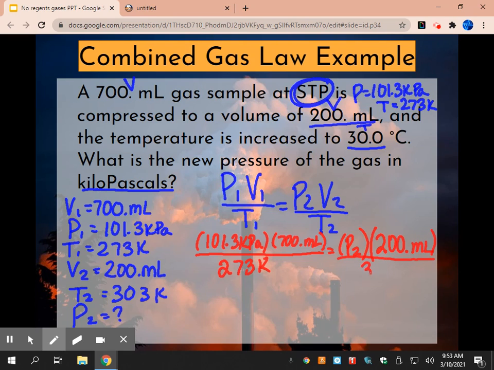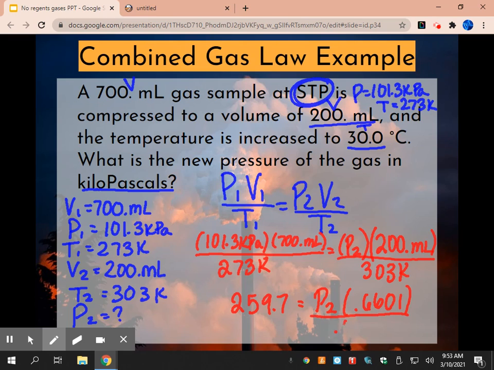And our T2 is 303 Kelvin. So I'm going to solve 101.3 times 70 divided by 273, which is 25.97, is equal to 200 divided by 303, which is 0.6601, times P2. Doesn't matter about sig figging here because we're just going to sig fig our final answer.